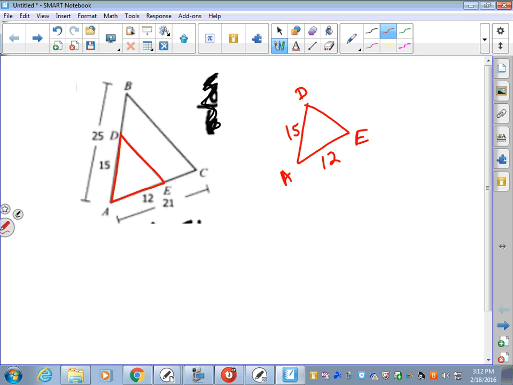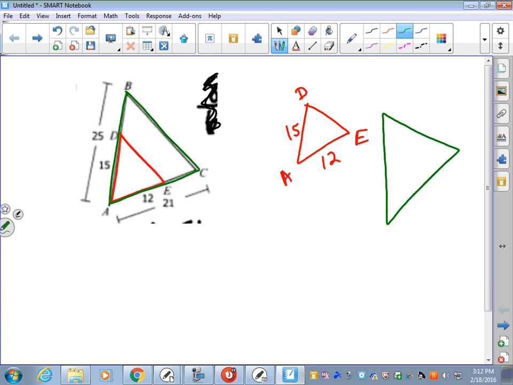All right, what's the other triangle that we have? Give me the letters. B. ABC, right? ABC, yes. So we got a small one and a big one.